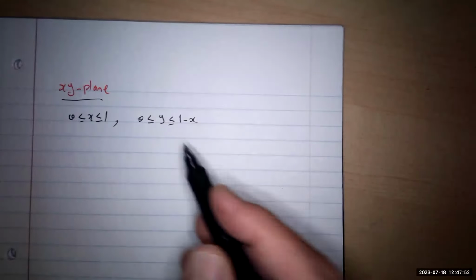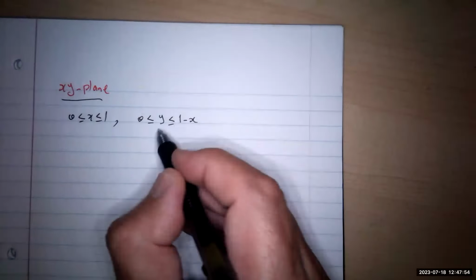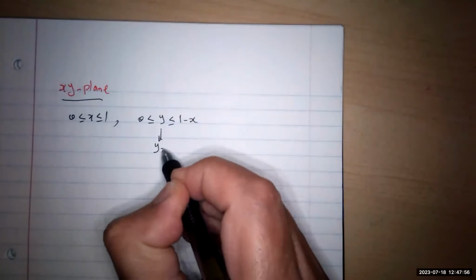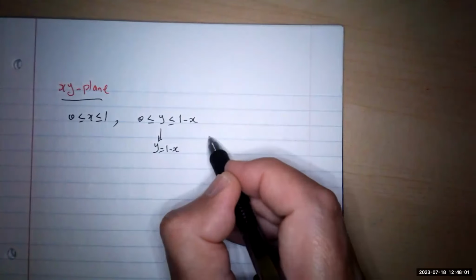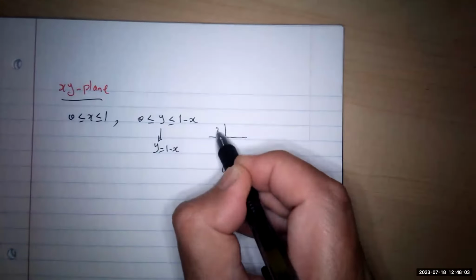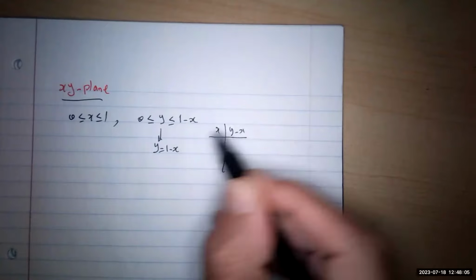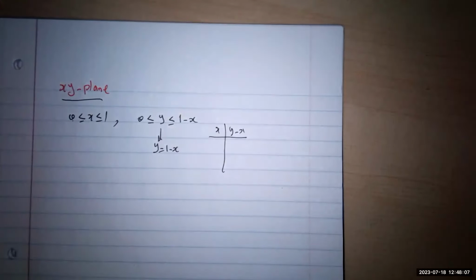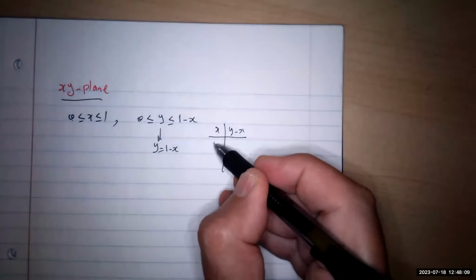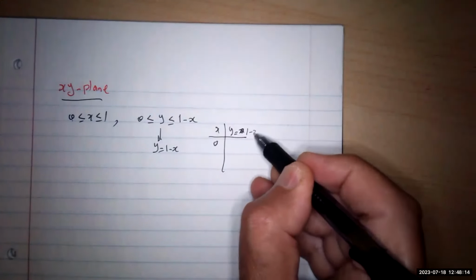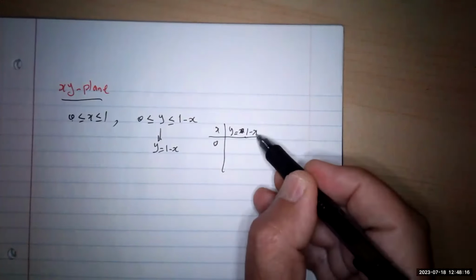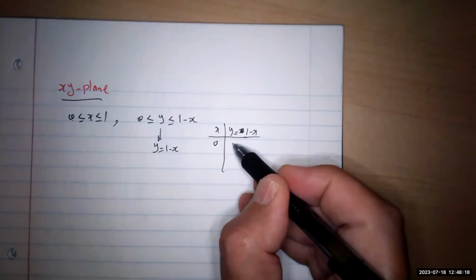If you want to graph it, the line is Y equal to 1 minus X. If you put X equal to 0, Y would be 1.